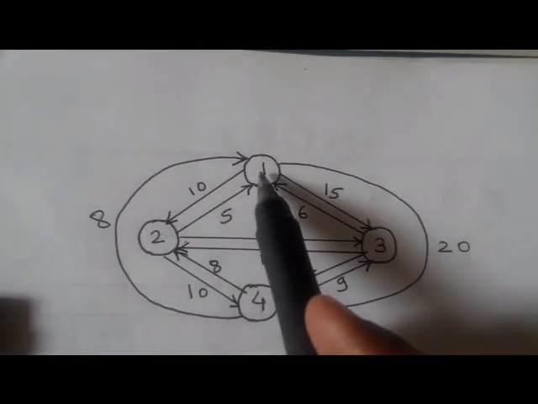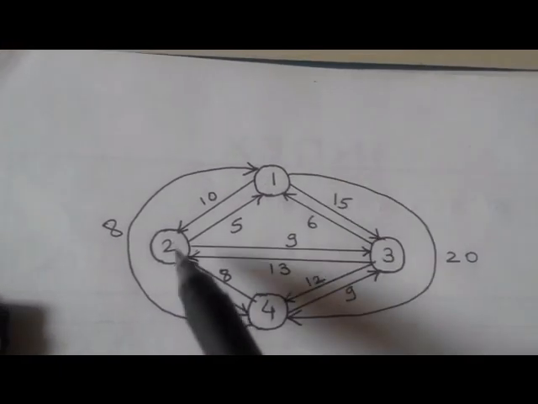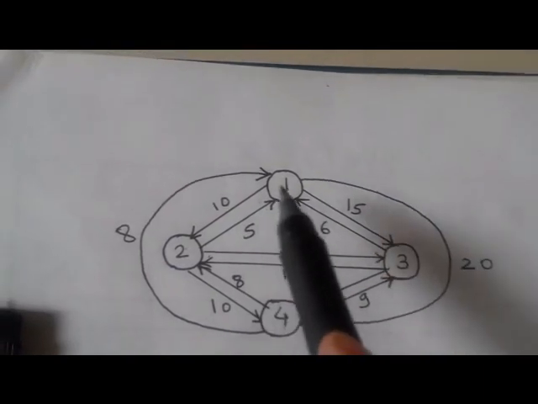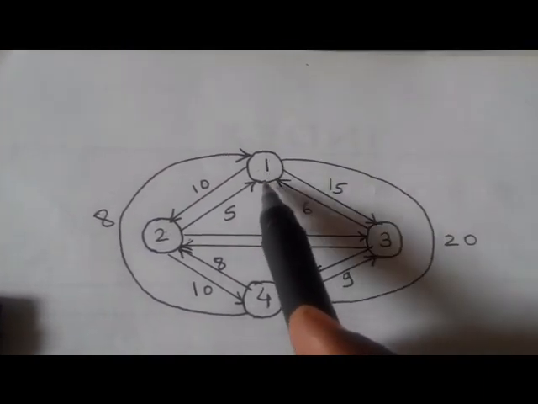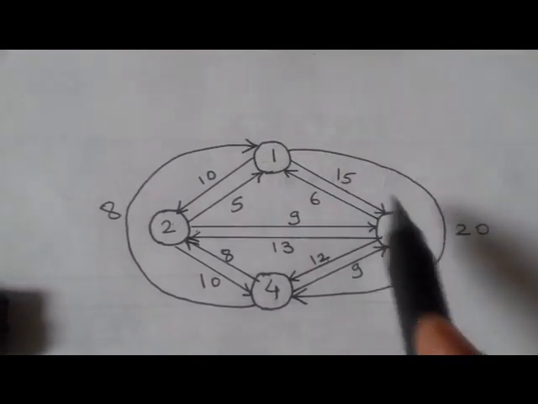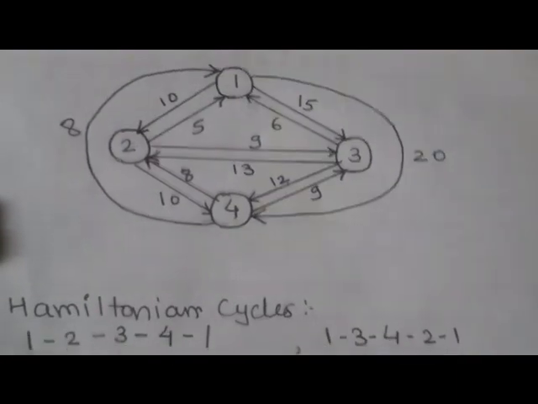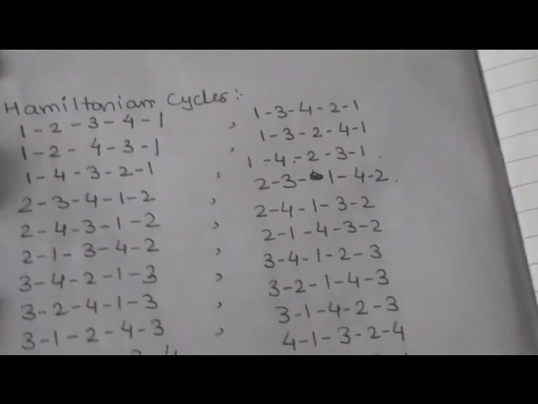Then from 2, we visit vertex 1 using edge 5. Now we have visited all the vertices. We have to return to our starting vertex, so from 1, we go to vertex 3 using the edge 15. In this way, we can calculate all these 24 Hamiltonian cycles.